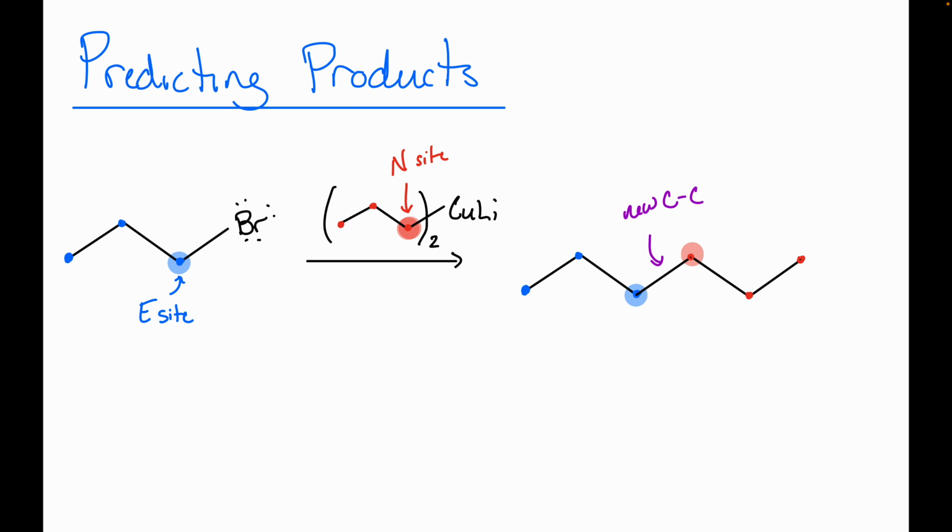Cool. So I want you all to try to do one on your own here. Sort of the nice thing about these Gilmans, there are a few reactions that we're going to learn where there's a bunch of rules as to what you can and cannot use as your substrate. For a Gilman reagent, there's very few restrictions on what will work.